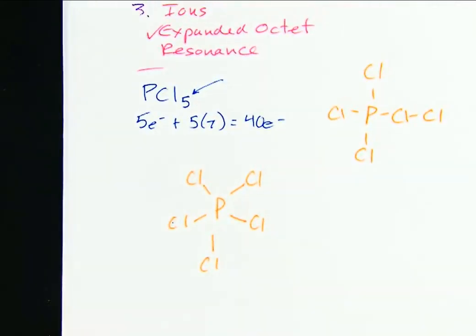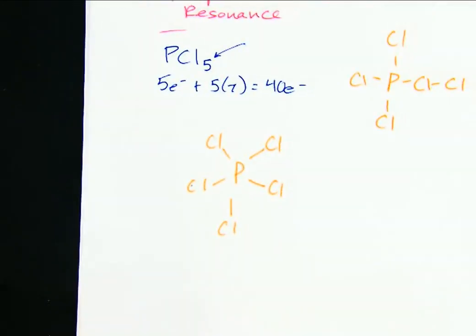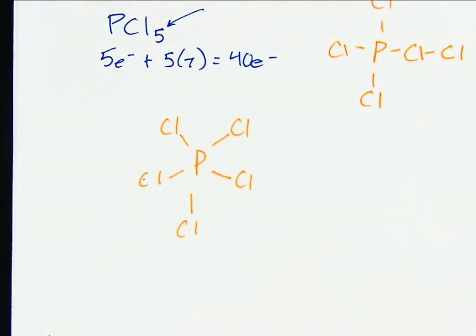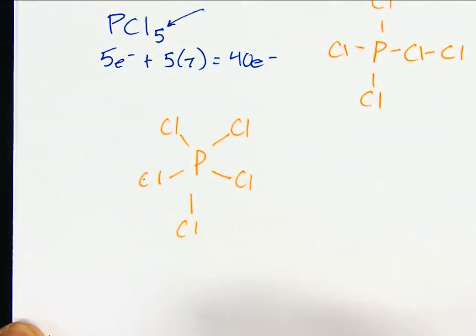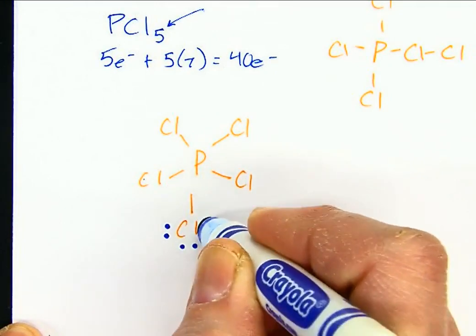All right, so what do we do now? We have PCl5, and we simply have to draw the remaining electrons. If you remember, though, we have 5 times 2, so we have a total of 10, and we have to get up to 40. And so what we do is we just add the dots here.